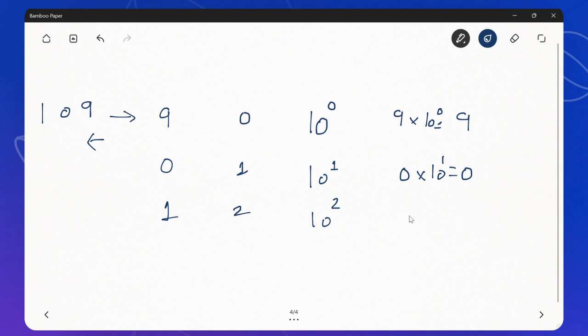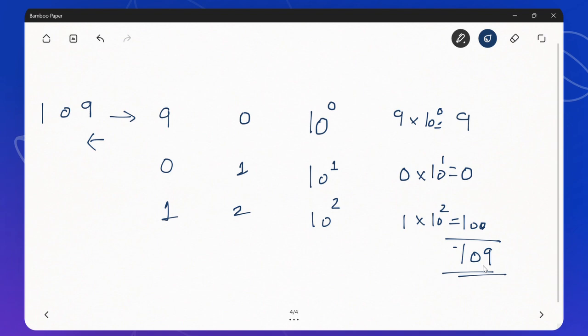Then symbol 1 multiplied by positional value, which is 100. And then on adding these three things, we get the final value, that is 109. So this is how a number is made in a decimal number system.